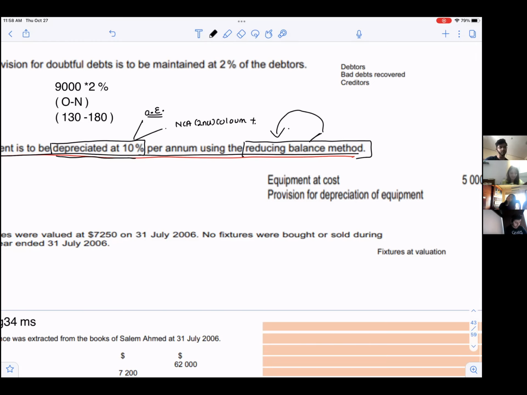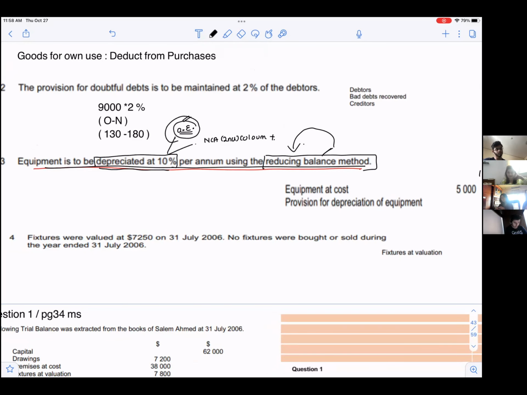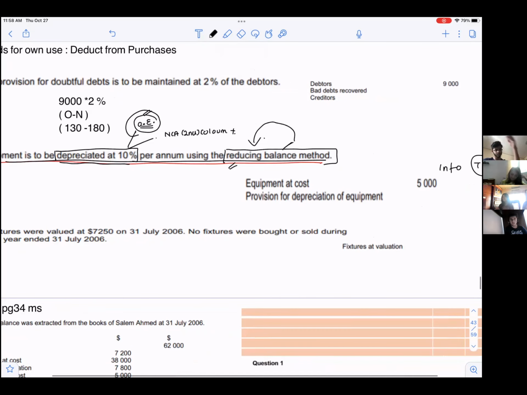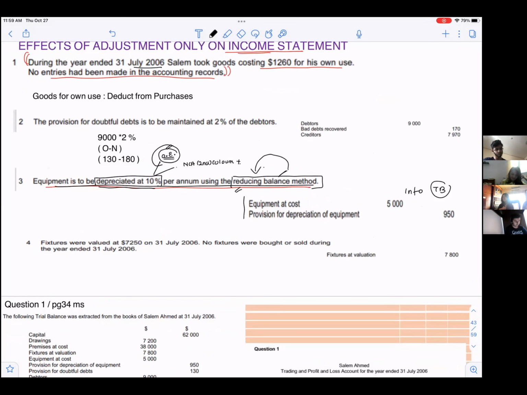But right now we are making only the income statement, so I'm only interested in this part. The whole thing is the calculation. How do you calculate? Which method? Reducing balance method. And in the trial balance, this is the two information that is given related to equipment. How will you do it?